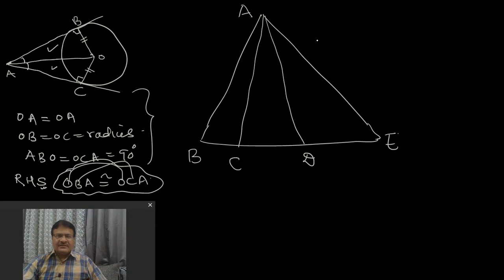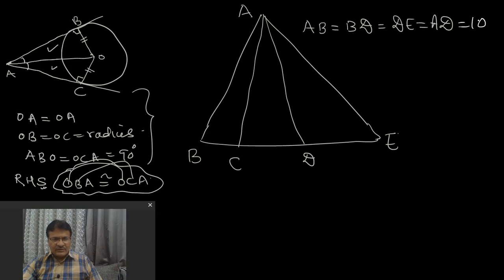AB equals BD equals DE equals AD equals 10. This is given to you, and AF is perpendicular to BE, this is also given to you.